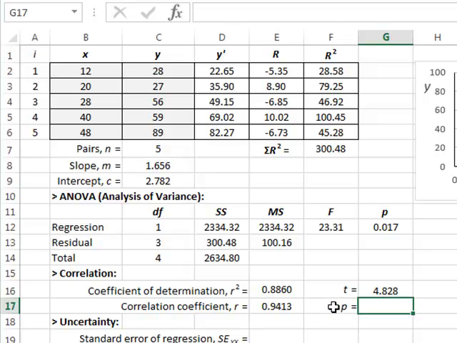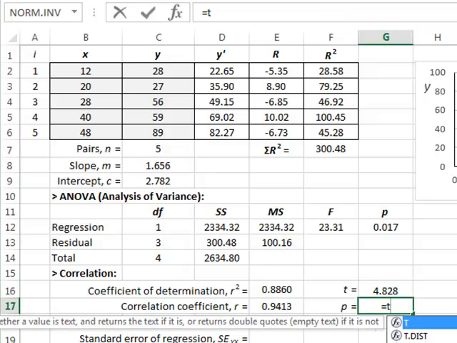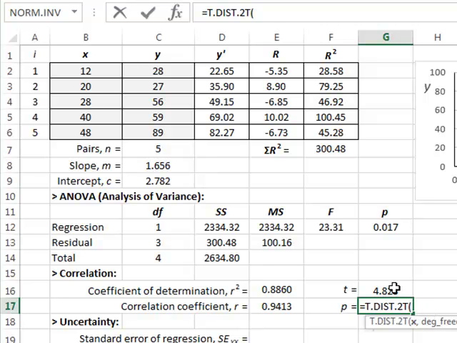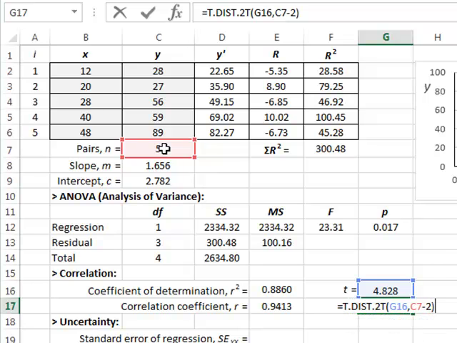We can calculate the probability p-value associated with this t-value by using the two-tailed t distribution, and we need the t-value, which is in G16, and then the appropriate number of degrees of freedom, which in this case is the initial number of degrees of freedom in C7, but we have previously used up 2 degrees of freedom, giving us C7 minus 2, which gives us a p-value of 0.017, and not surprisingly, this gives us the same p-value as the ANOVA analysis, because both analyses are testing whether the slope of the best fit straight line is significantly different from 0.